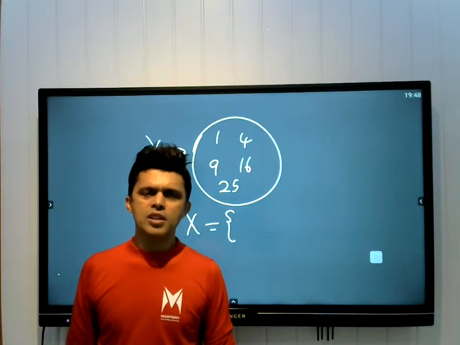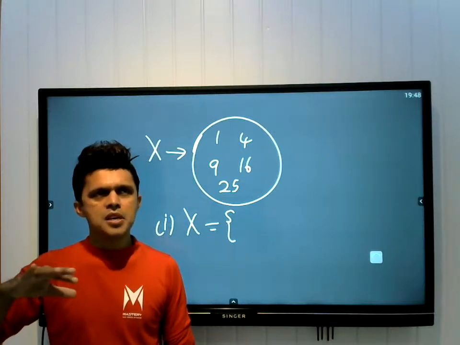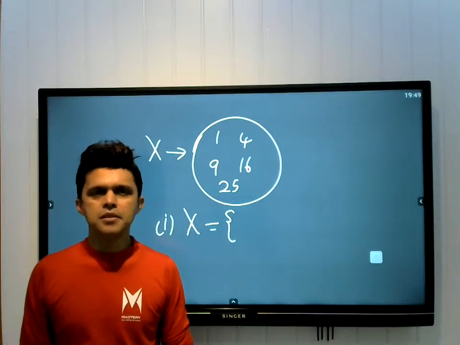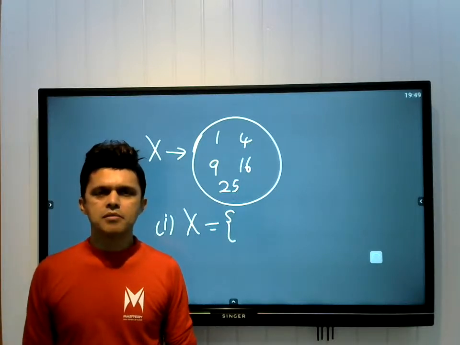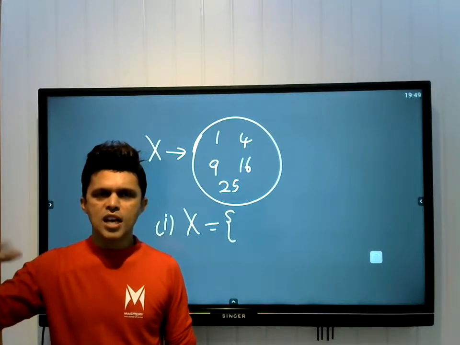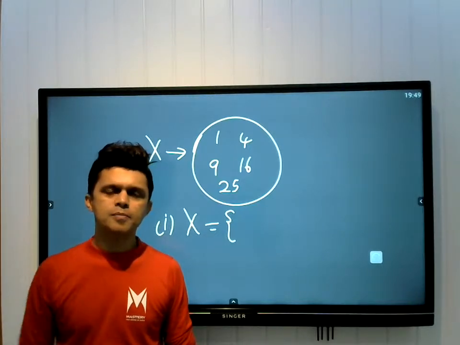Just remember the different types of numbers you learned: odd numbers, even numbers, triangular numbers, prime numbers, square numbers. 1 times 1, 2 times 2 is 4, 3 times 3 is 9, 4 times 4 is 16, 5 times 5 is 25.